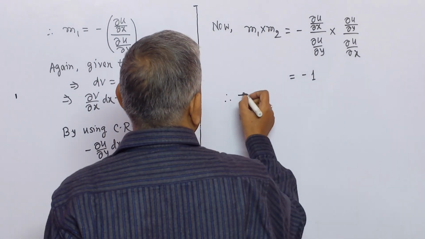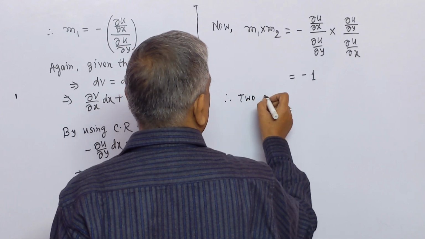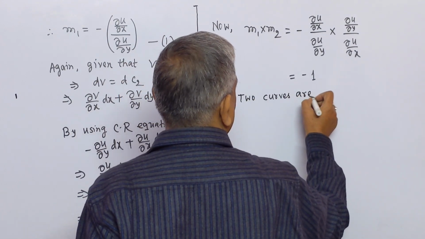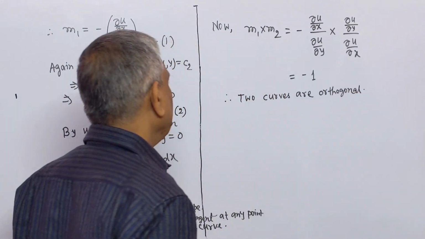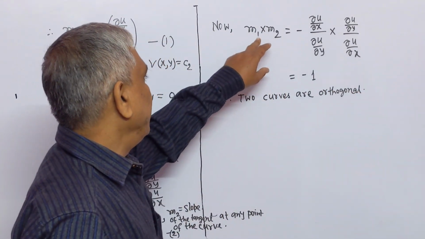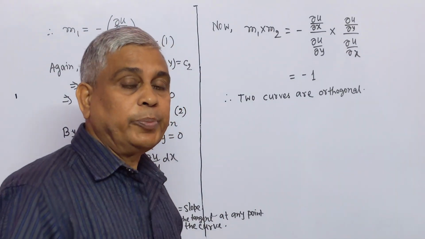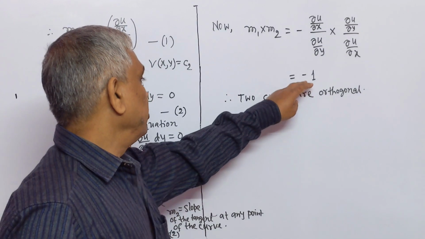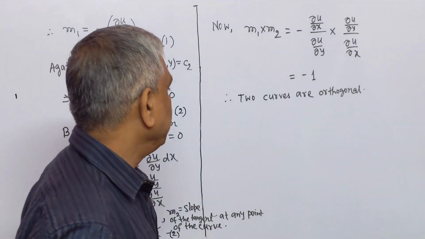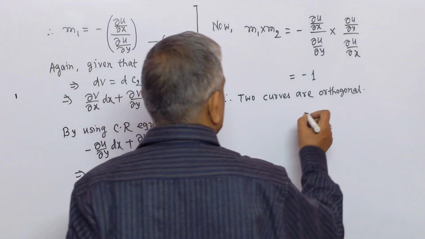Therefore, two curves are orthogonal because multiplication of slope of tangents to the curves equal to minus 1. Hence proved.